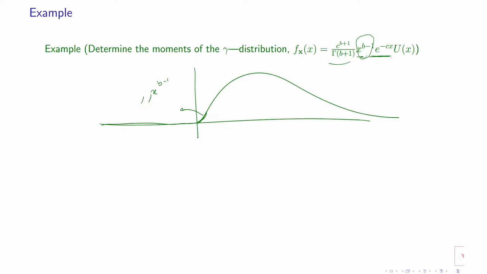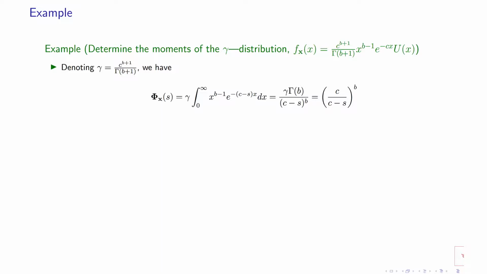After that, the exponential term becomes dominant and makes your function decay fast. We call it gamma distribution because the integral of this function is called the gamma integral.